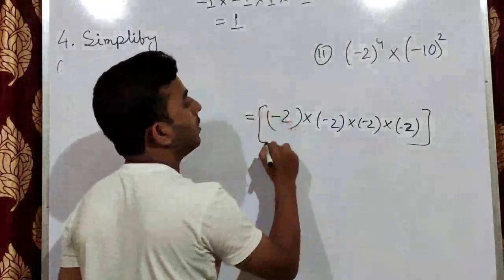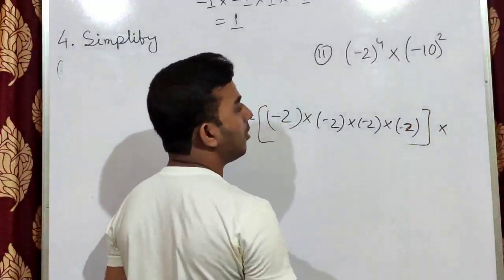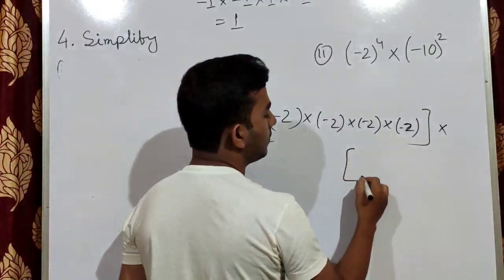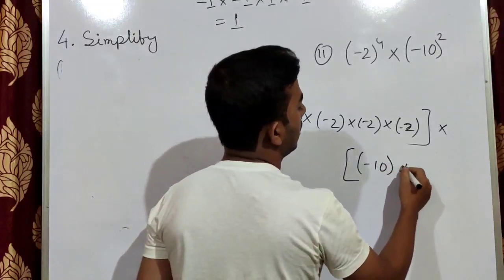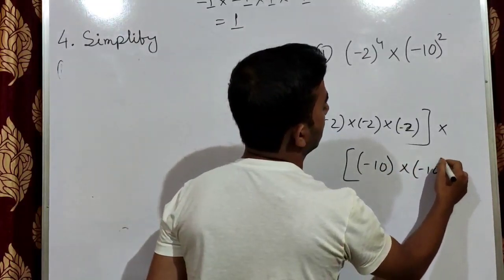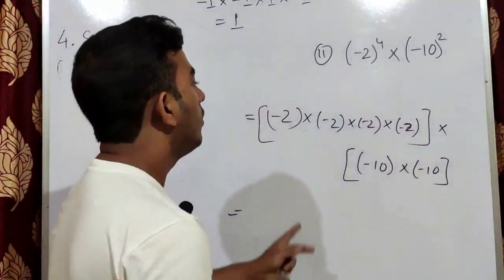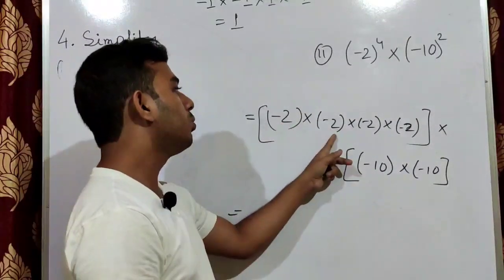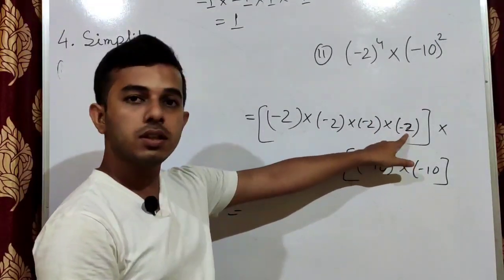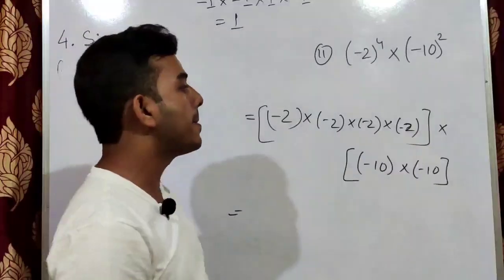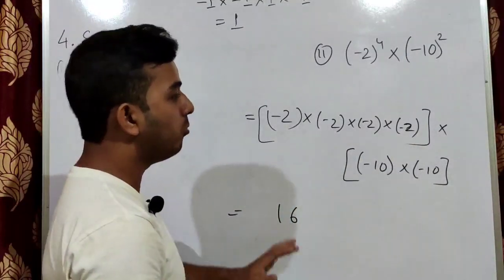Give bracket, no problem. Then again this multiplication, and minus 10 is multiplied how many times? It is minus 10 into minus 10. Up to this clear? Okay. Now 2 into 2 is 4, 4 into 2 is 8, 8 into 2 is 16. Now, what will be the sign?